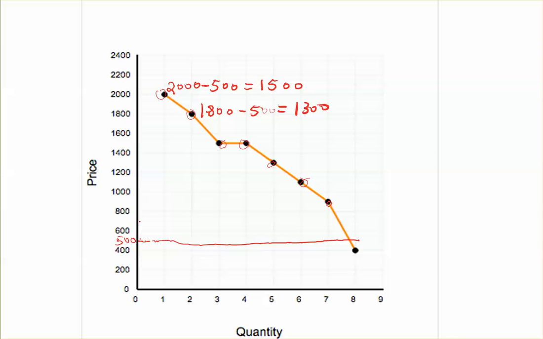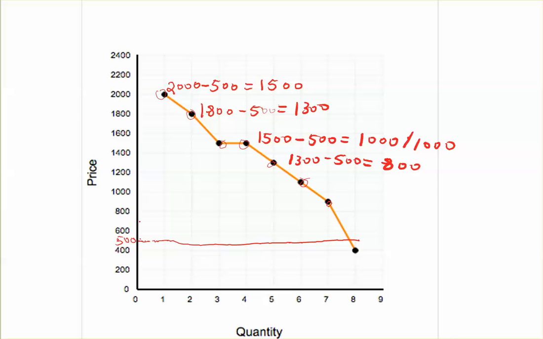The third and fourth people are both willing to pay $1,500, minus $500, so both of them get $1,000 as consumer surplus. So here we have the two $1,000. The fifth person is willing to pay $1,300 minus $500, so his consumer surplus is $800.